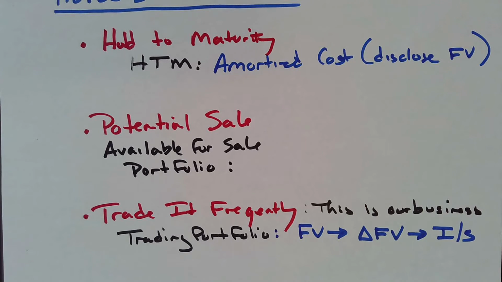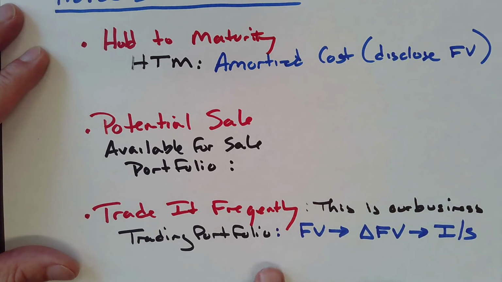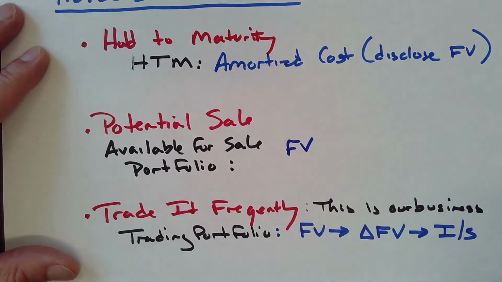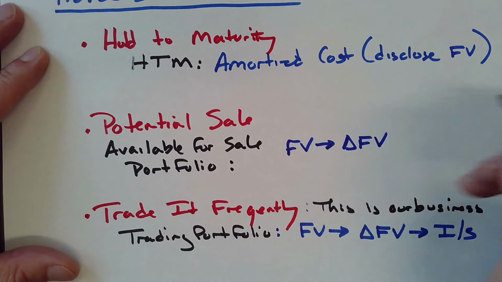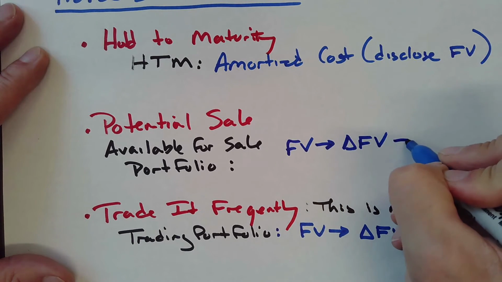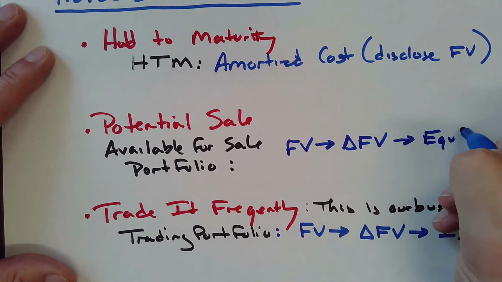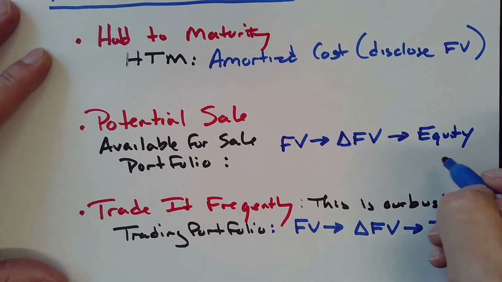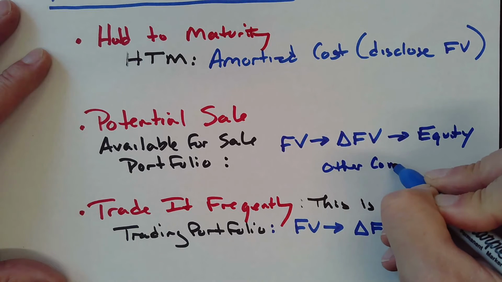And with an available for sale portfolio, this is very similar to trading, in that everything's at fair value, with changes in fair value not going to the income statement, but going directly to equity, and specifically what they refer to as other comprehensive income.